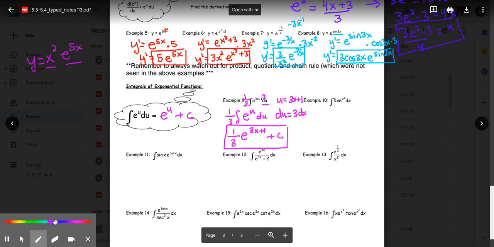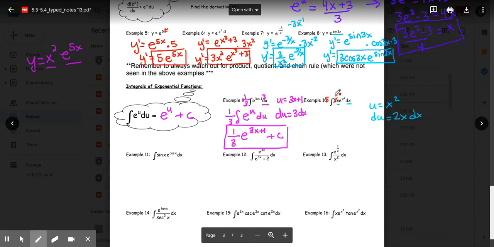All right, example 10. So the main thing I see in here is an exponential. I'm going to try to make u the power and see if that works. My derivative would be 2x dx. I know I'm on the right track because I have an x dx in there. What I need is a 2, not the 5. So what you can do, if you don't want a constant in there, you can pull it outside.